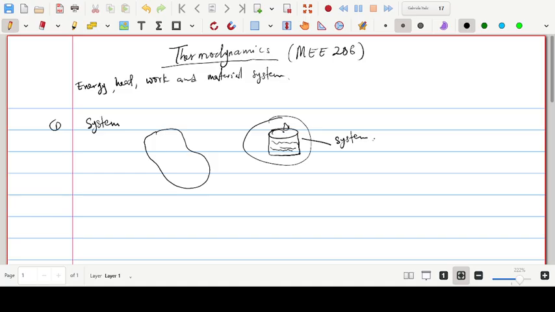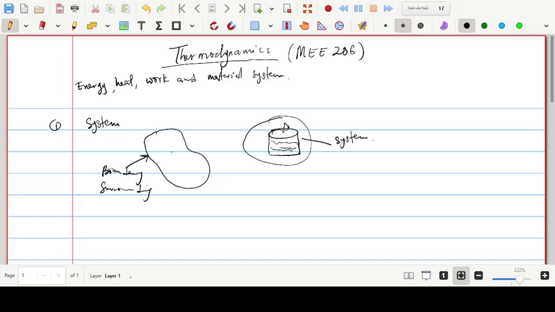So a system is what you study in thermodynamics. So the identifiable boundary is this line. It covers what you have in the system. Everything that covers what you have in the system is regarded as the boundary, or they call it the surrounding.